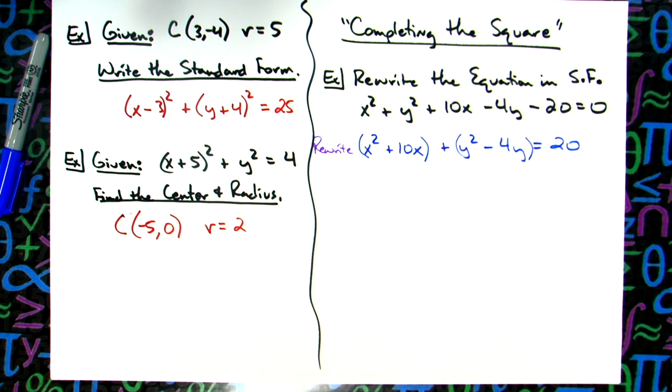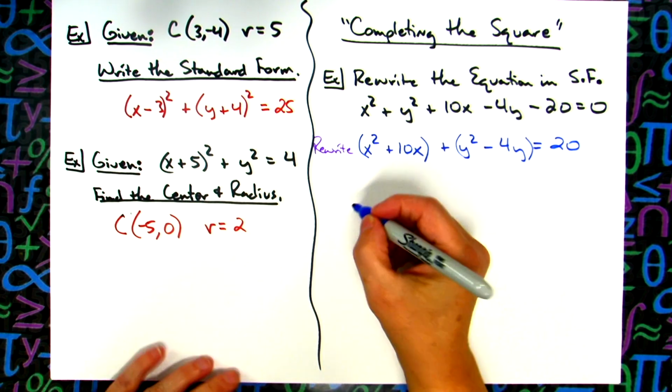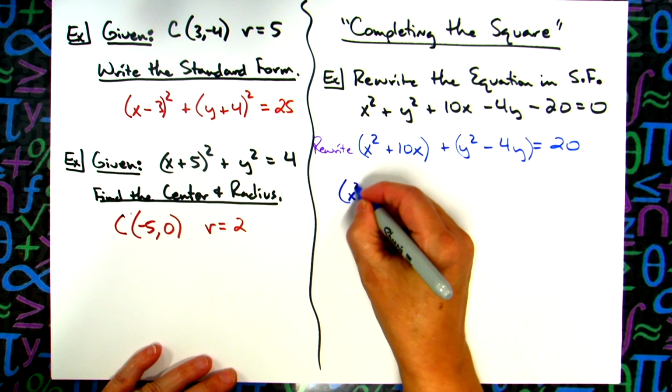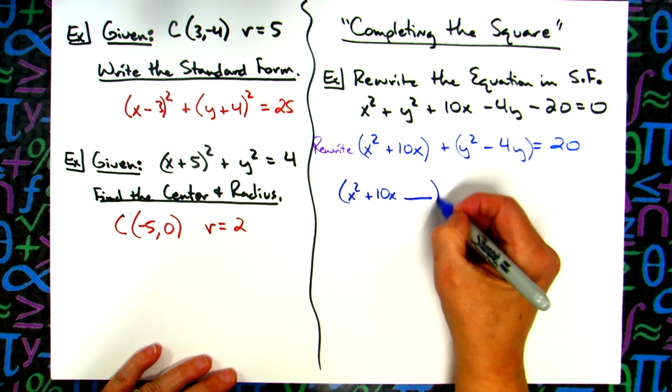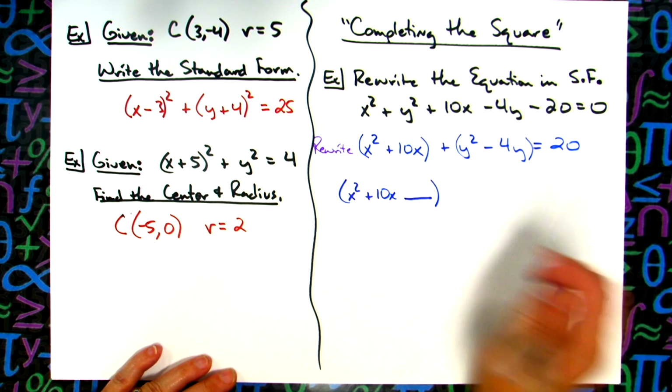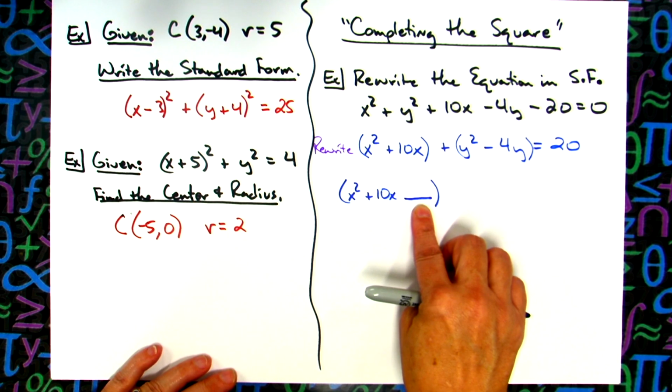When you in Algebra 2 were factoring trinomials, hopefully you were taught the formula for factoring a perfect square trinomial. Right here, that's not a trinomial, right? But if I had x squared plus 10x, and then I had something else right there, I can force this to become a perfect square trinomial.